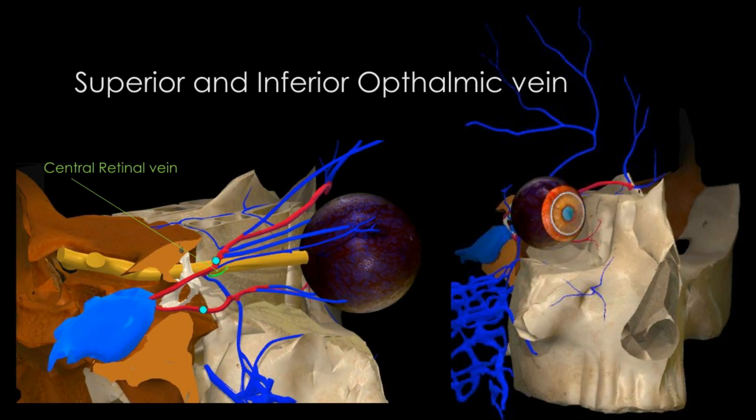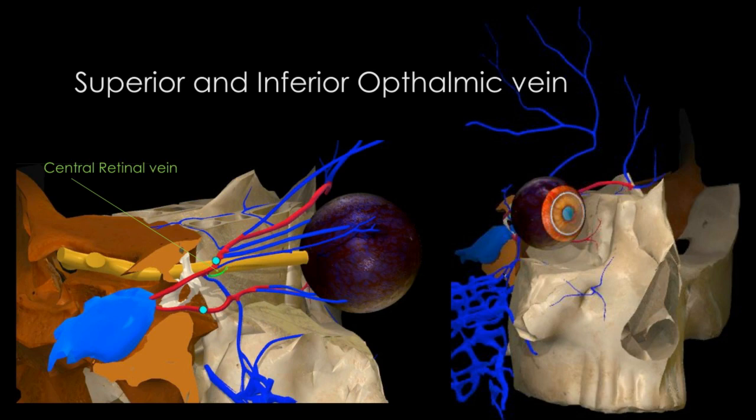Now if you look at this picture, which is an anterior oblique view, you can see the superior ophthalmic vein here, which goes behind the eyeball to join the cavernous sinus here, as well as the inferior ophthalmic vein, which also starts its course on the medial wall of the orbit and goes behind the orbit to join the cavernous sinus.